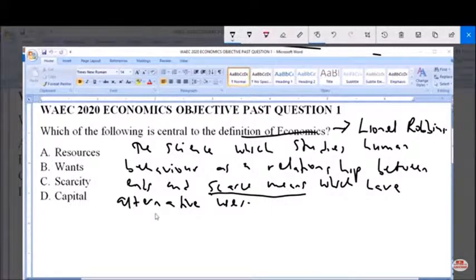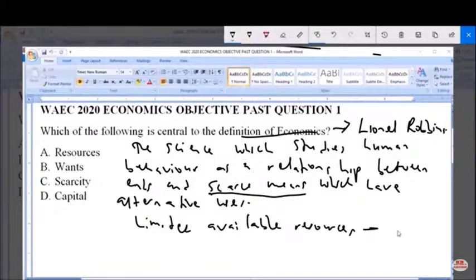Now, scarce means refers to limited available resources. And to paraphrase this, scarcity.